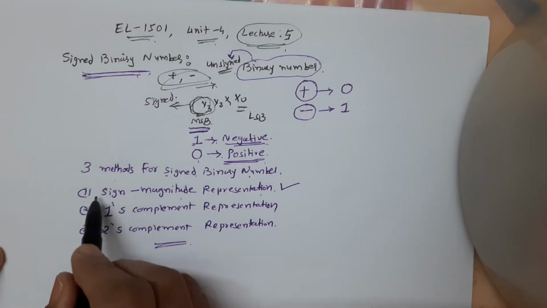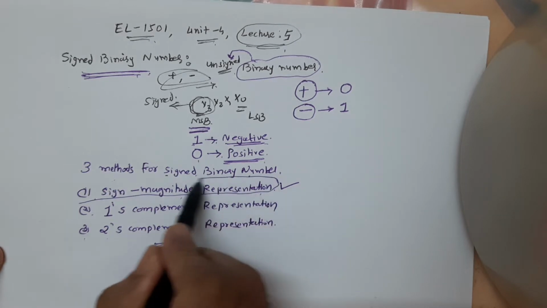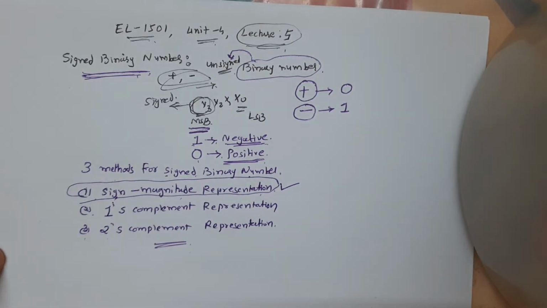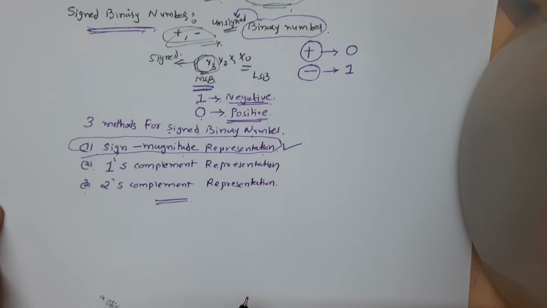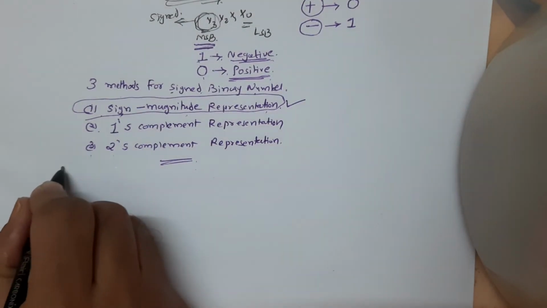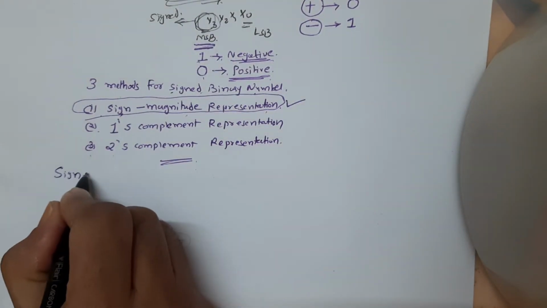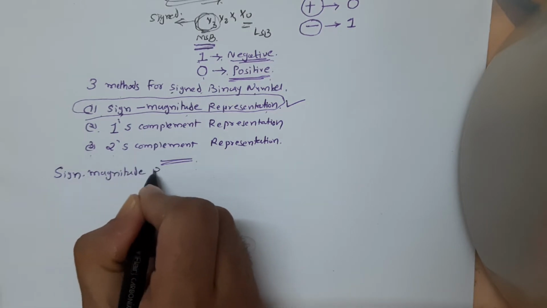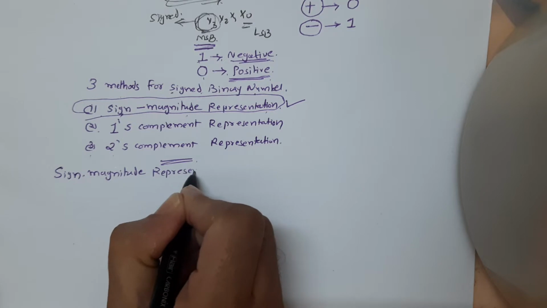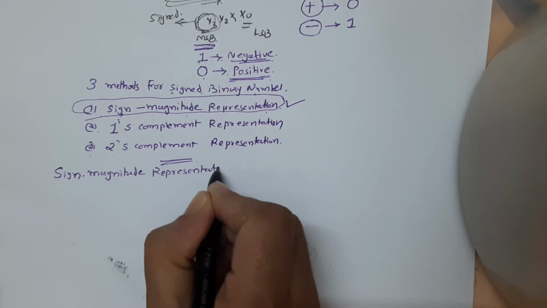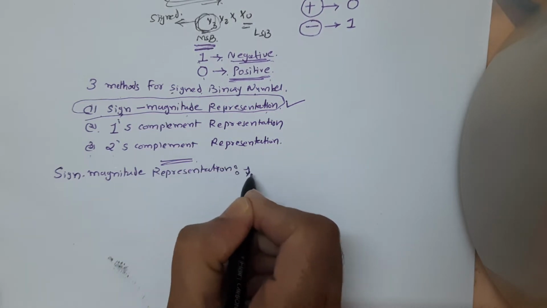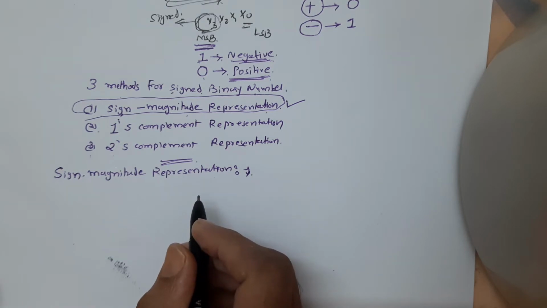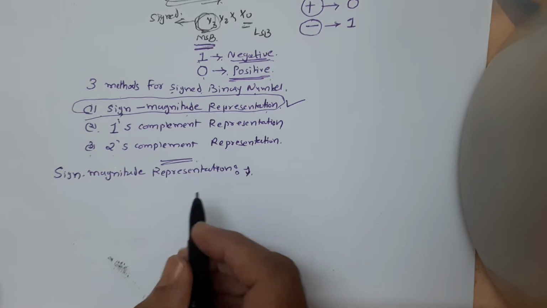Now we are discussing the first method, that means sign magnitude representation. In sign magnitude representation of a binary number, the MSB represents the sign and the remaining bits represent its magnitude.